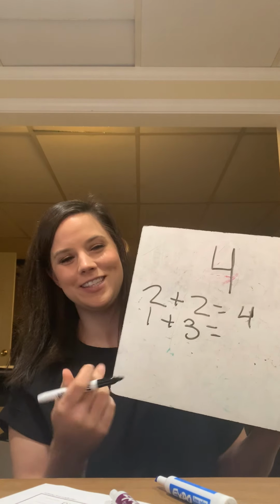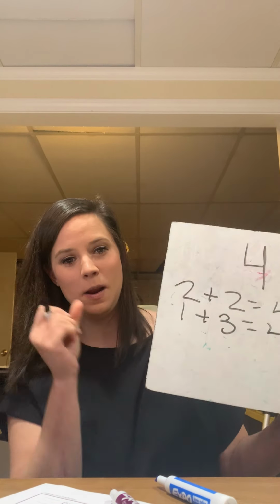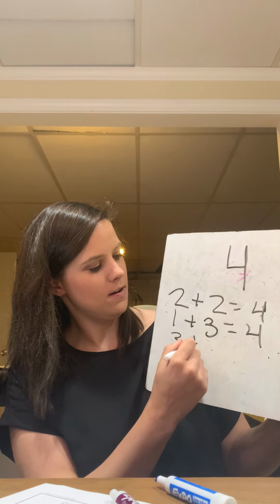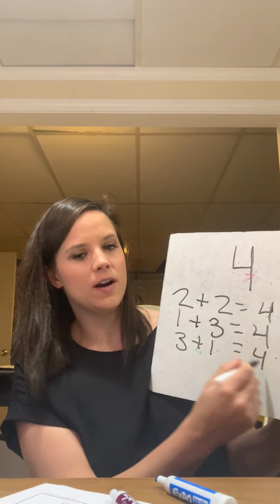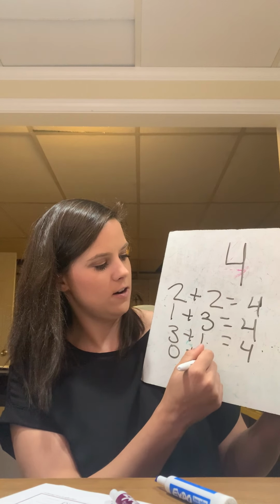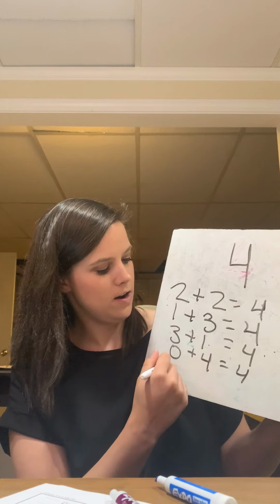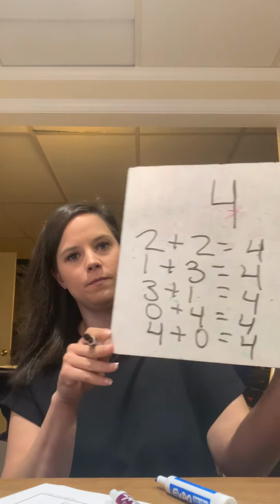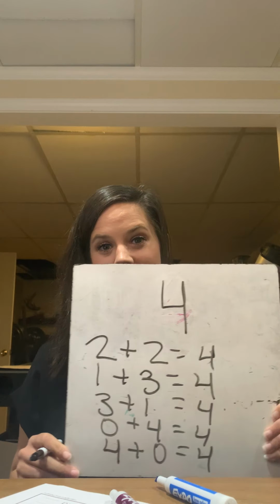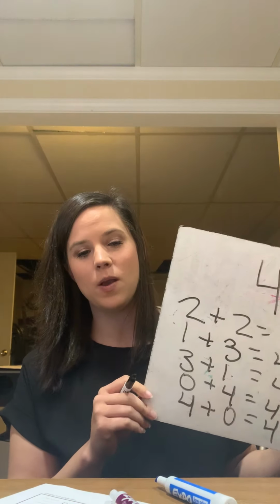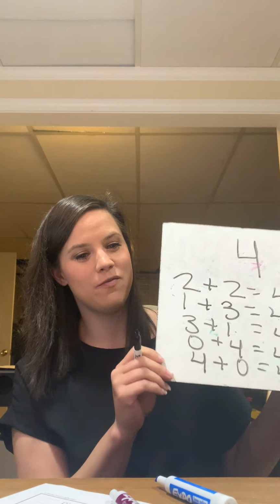And then 1 plus 3 equals 4. And then 3 plus 1 equals 4. Then 0 plus 4 equals 4. Then 4 plus 0 equals 4. You got it. All the numbers that make 2, 3, and 4.